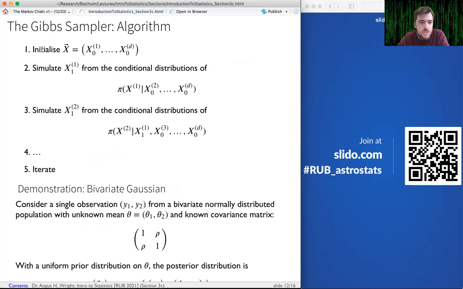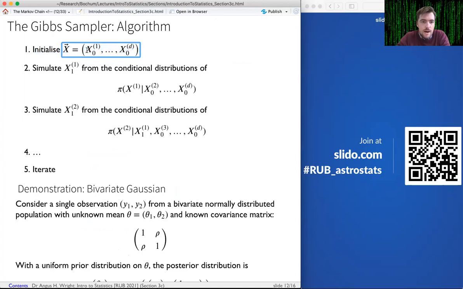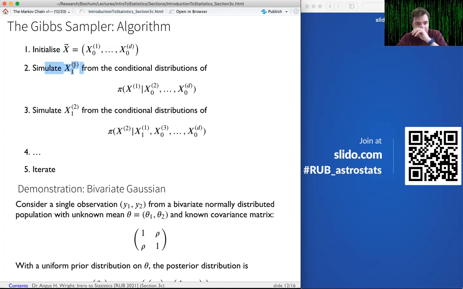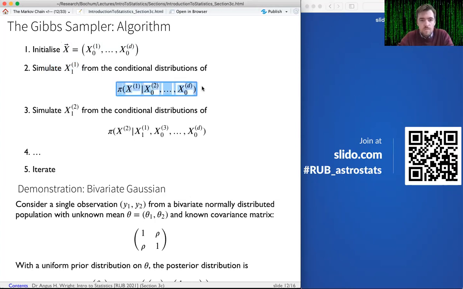The way in which it proceeds is we start off with an initial guess in our arbitrarily complex d-dimensional space. And our guess obviously has to have a value for each of the dimensions: x, 0, 1 in the first dimension, second dimension, all the way through to the dth dimension. We then simulate a value of x1 in the first dimension from the conditional distribution of x given all of the other dimensions.